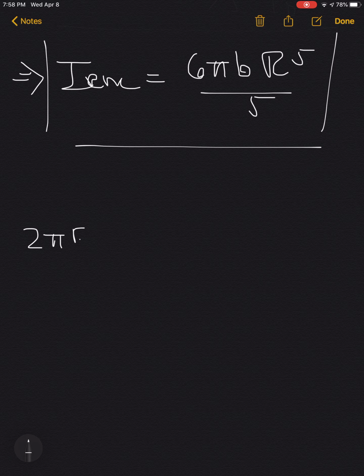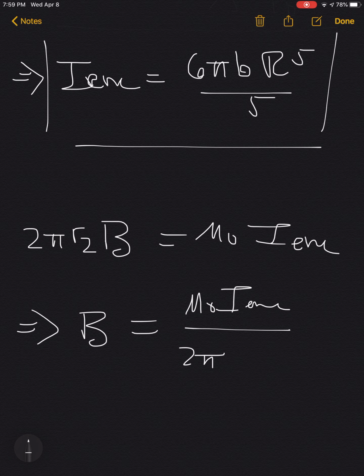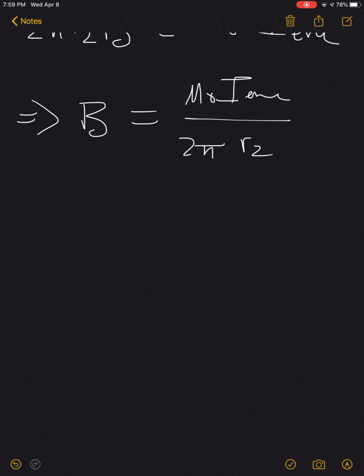You had 2 pi R2 B equals mu naught I enclosed, or B is equal to mu naught I enclosed over 2 pi R2. So the behavior of this B as a function of R2, the distance outside of the wire, is going to be 1 over R2, because I enclosed does not depend on R2 at all.